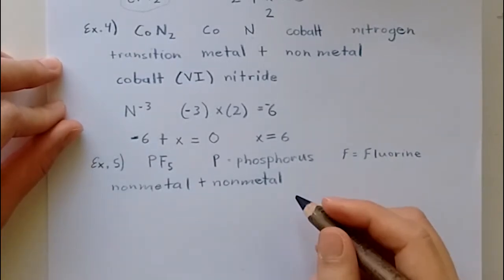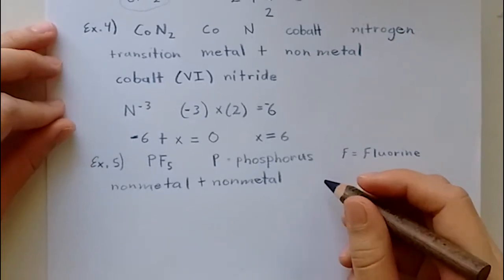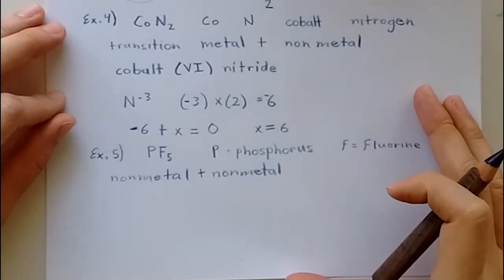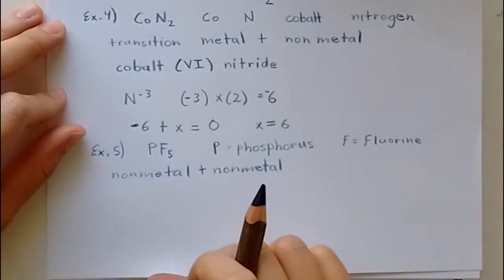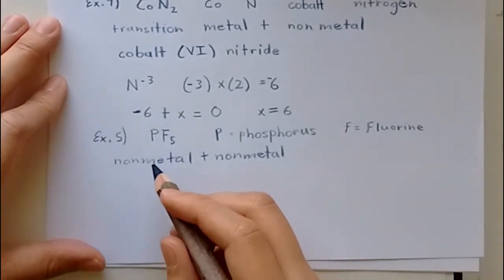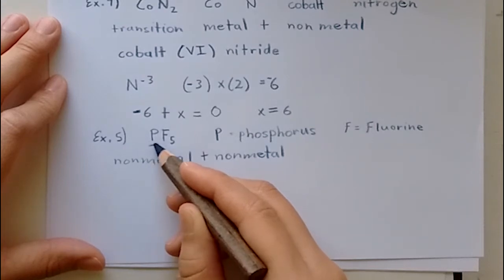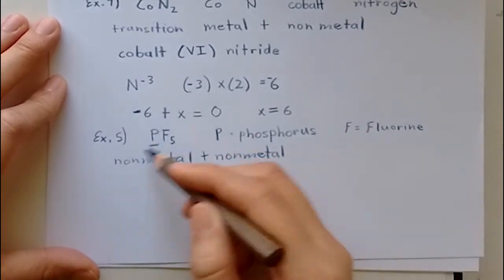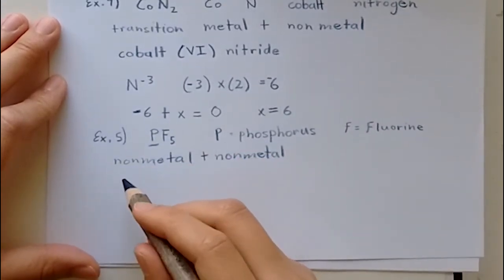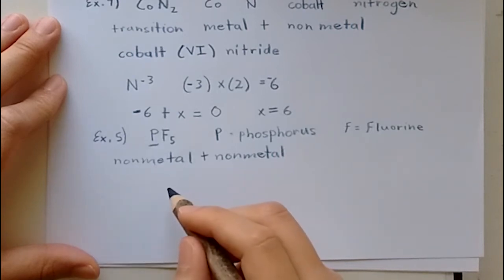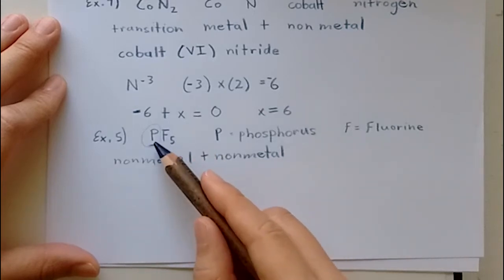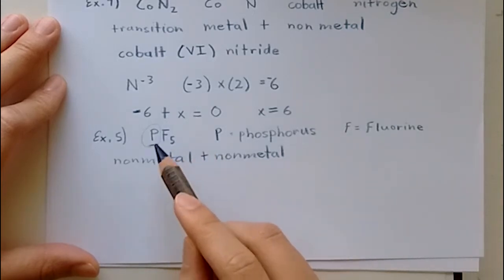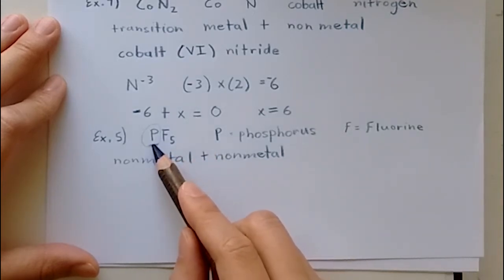And we know from our rules that this is going to be a covalent or molecular compound, and that we have to use prefixes to indicate the number of atoms for each element. In this case, when the first element is only one, there's only one of them, you don't put mono phosphorus.